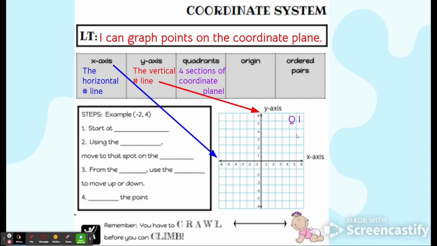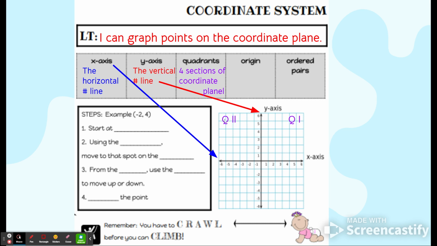And then quadrant 2, you're not going down, you're actually going to the left. So quadrant 2 is going to the left, and that feels a little bit backwards, but that is how they are labeled in math on the coordinate plane.